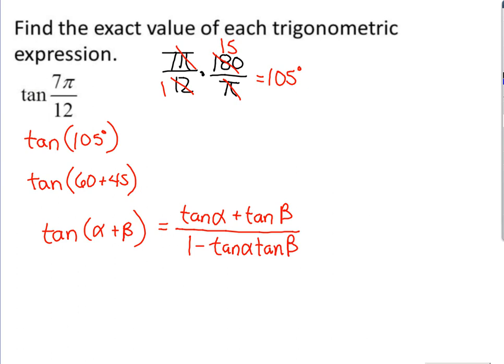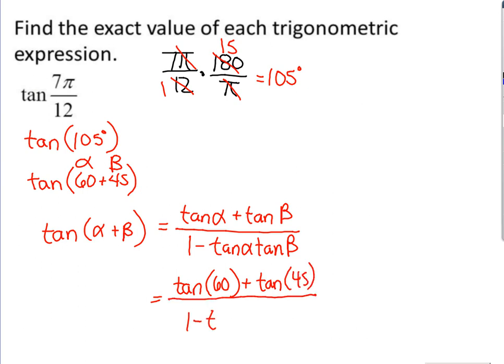Now we have 60 and 45 as our alpha and our beta. So if we plug that in, we're going to get the tangent of 60 plus the tangent of 45 over 1 minus the tangent of 60, tangent of 45.